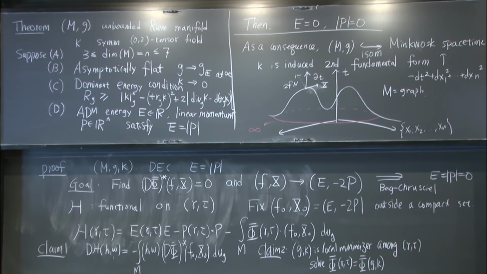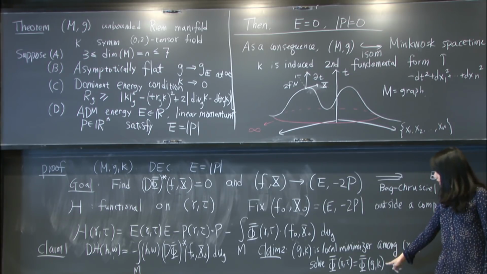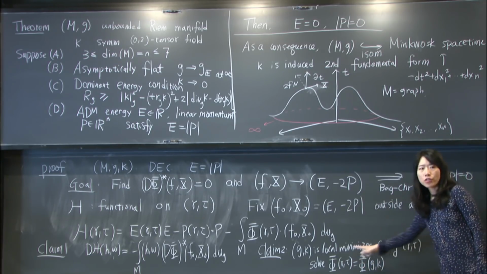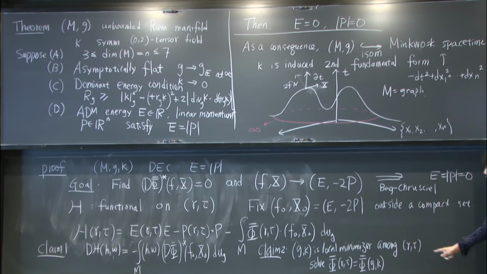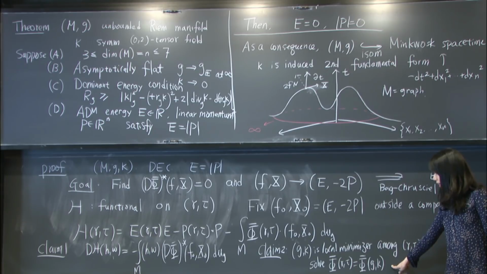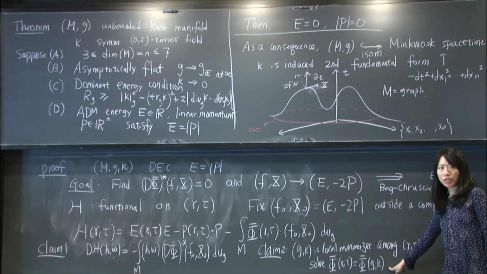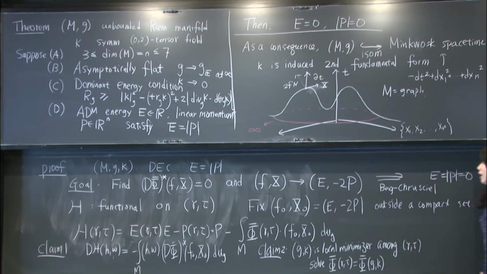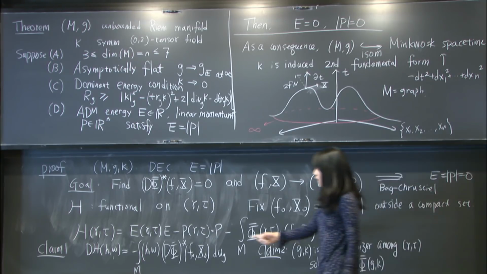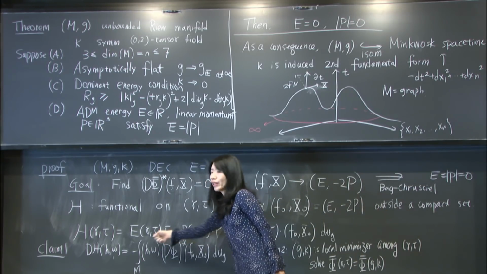Okay. So lastly, in this step, we use positivity of mass. The key thing is that we solve this particular constraint using the modified operator, because we know for gamma tau satisfying this equation, it has to satisfy the dominant energy condition. So that means we have control on these two quantities.